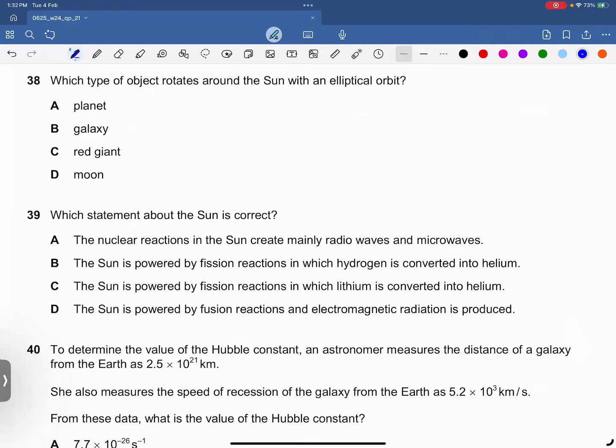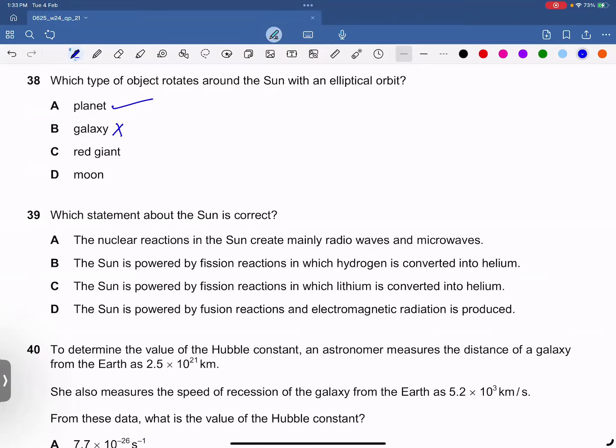So, space physics, first question: which type of object rotates around the sun with an elliptical orbit? Planets, galaxy, red giant, moon. Planets rotate around the sun, okay? Galaxy doesn't rotate around the sun itself. Galaxy is itself a collection of stars.